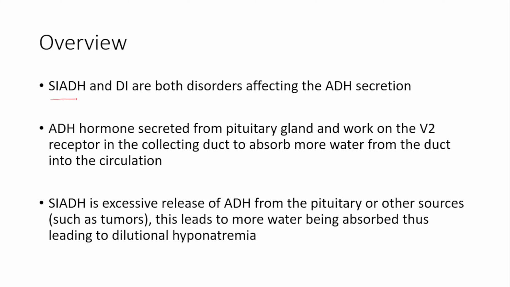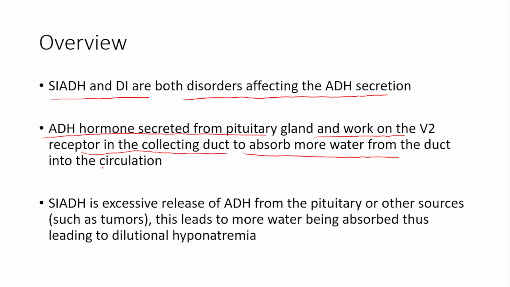SIADH and diabetes insipidus are both disorders affecting the antidiuretic hormone secretion. This is the only hormone they affect. The ADH hormone is secreted from the pituitary gland and works on the V2 receptors in the collecting duct of the kidney to absorb more water from the duct into the circulation.